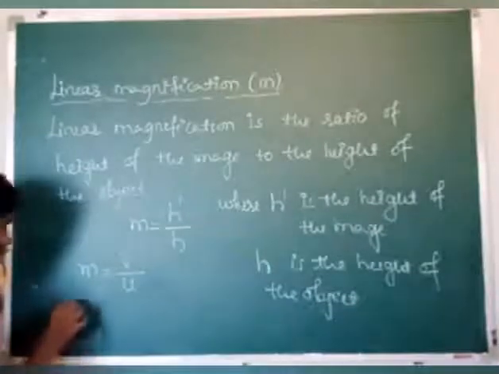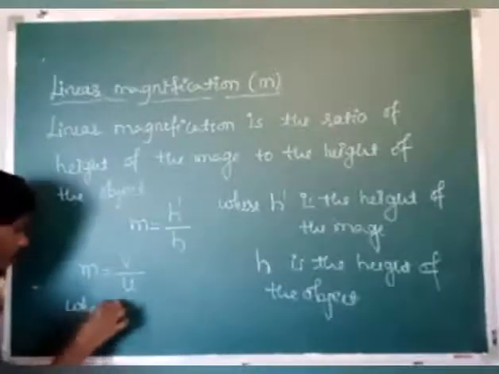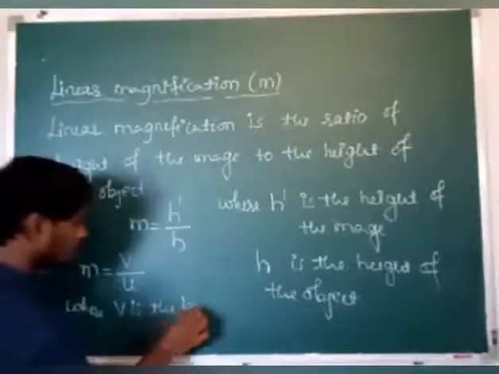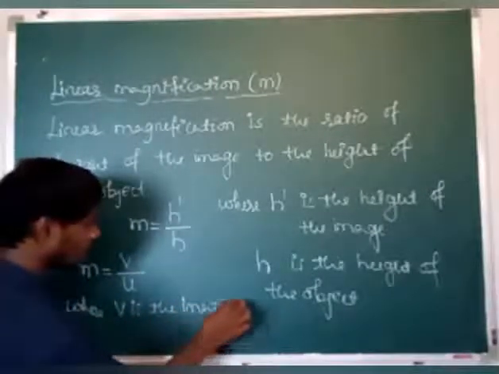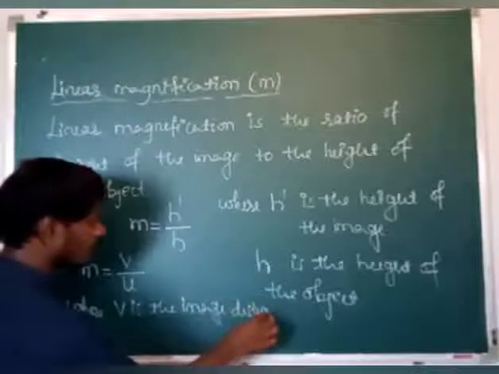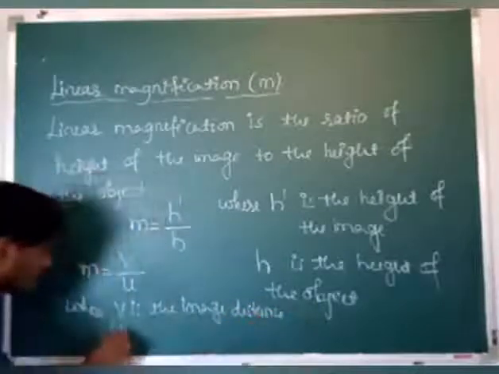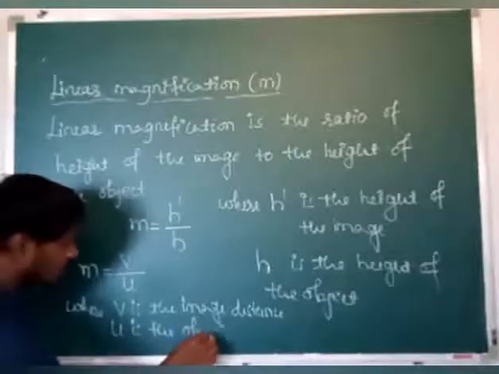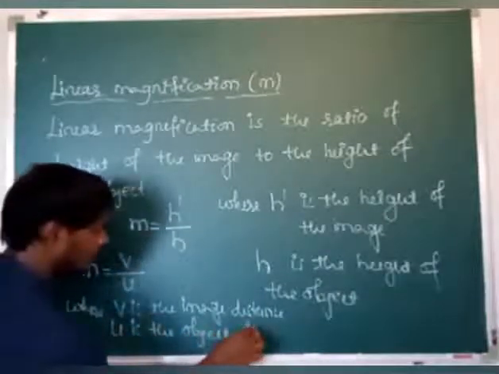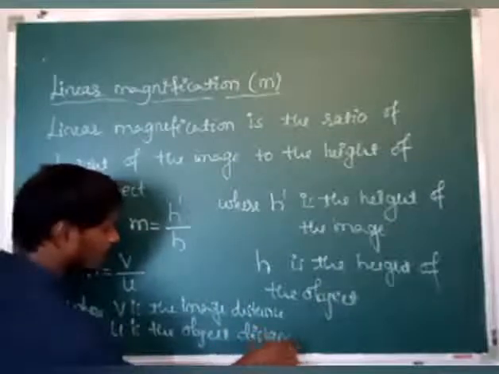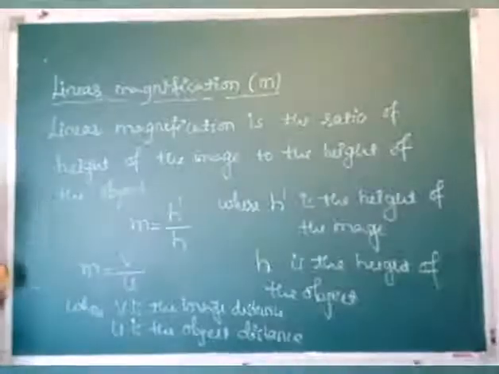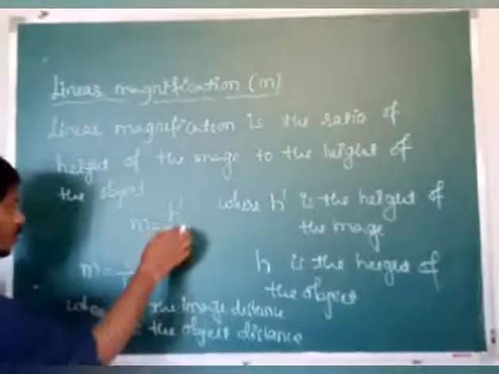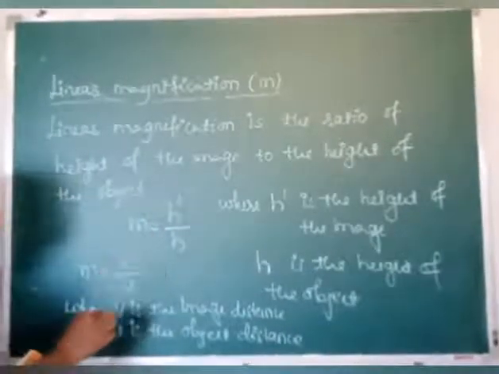Remember, v is the image distance and u is the object distance. So we can write m is equal to h dash by h is equal to v by u here.